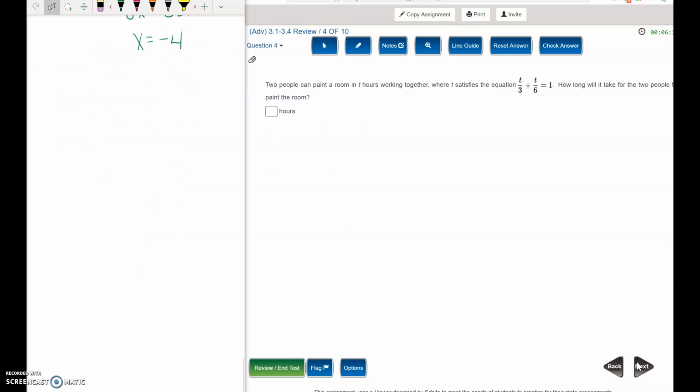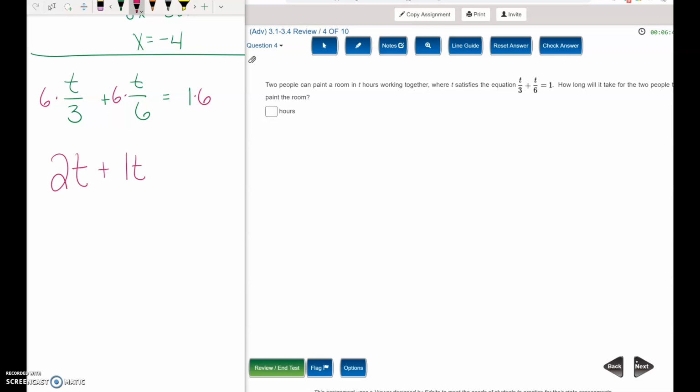Okay, I saw a lot of people struggling with this one, so I'm going to write this down. T over 3 plus T over 6 equals 1. We need to get rid of the fractions. So think about 3 and 6. Do 3 and 6 have the number 6 in common? Yeah, let's multiply everything by 6. 6 times T and then divided by 3. 6 divided by 3 is 2. 6 divided by 6 is 1.